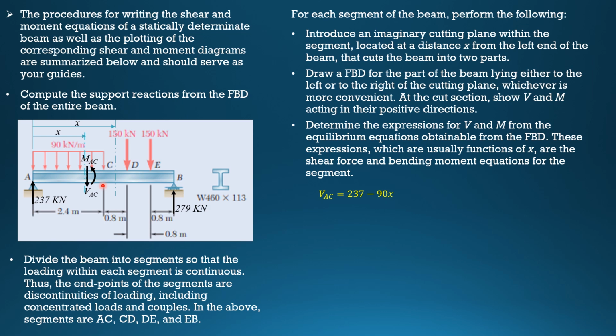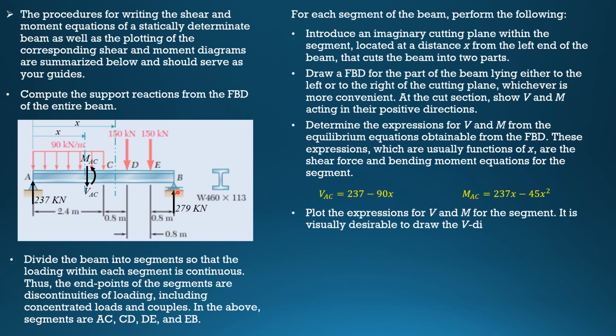So 237 times x minus 90 times x over 2, so minus 45x squared. So MAC is 237x minus 45x squared. These are the equations for this segment, and you do that for each segment. And anyway, we will have this in our first example in this slide.